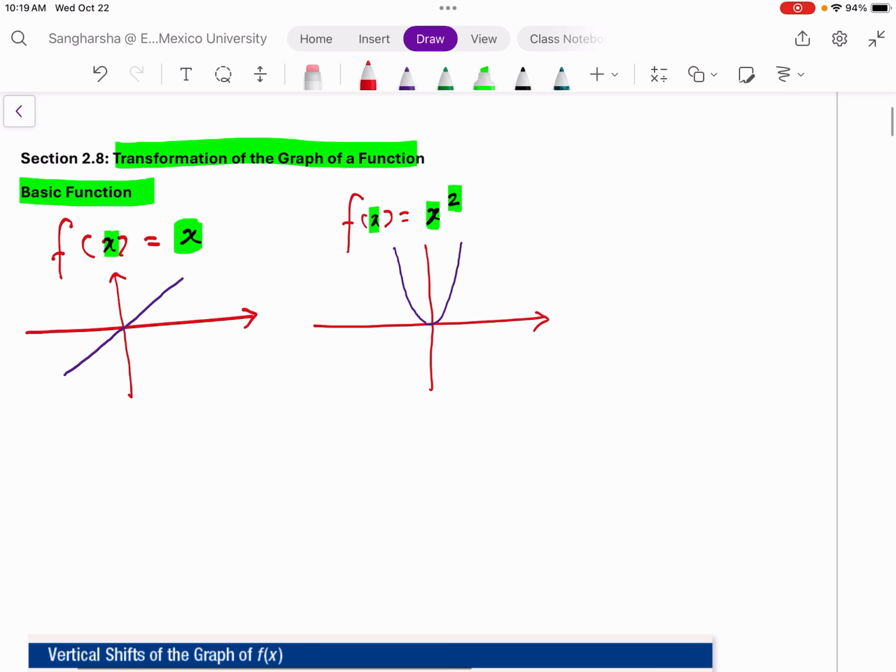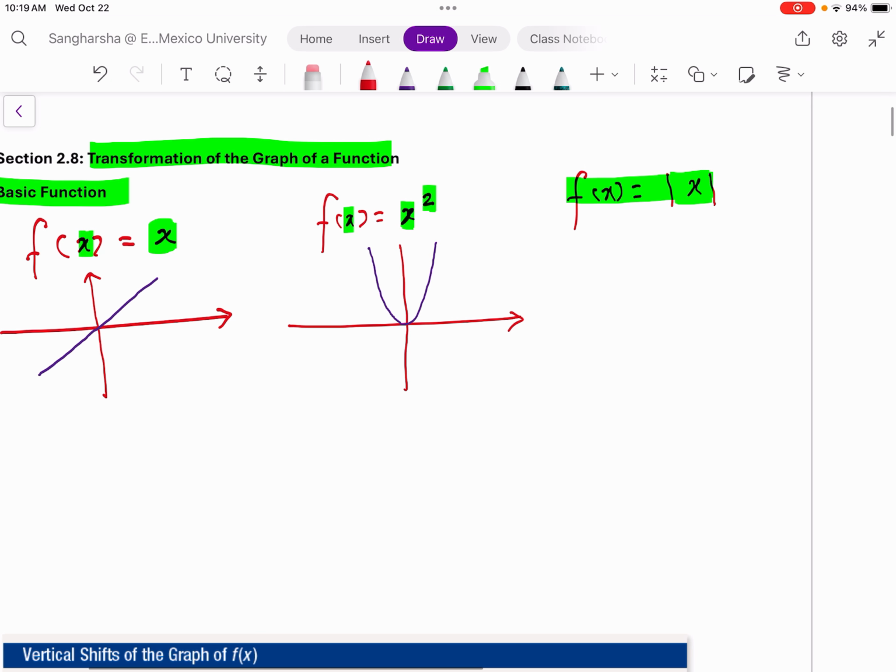The next basic function is f of x equals the absolute value of x. This is the absolute value function. We have an absolute value expression here. What is the shape of the graph of an absolute value function?